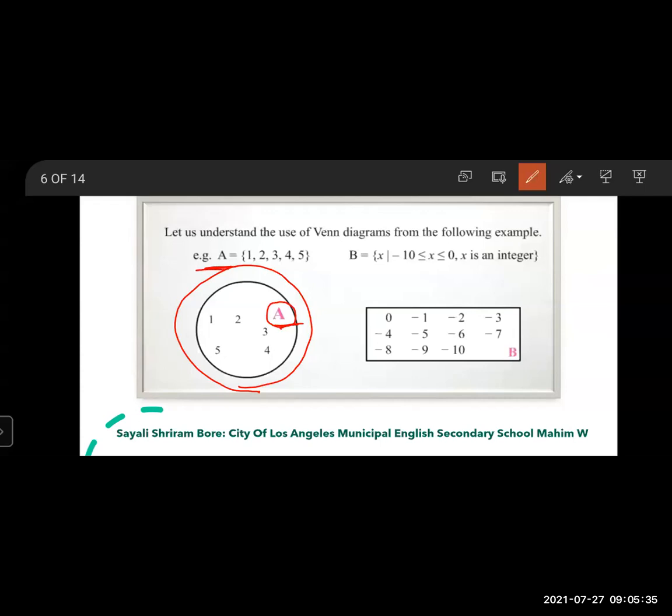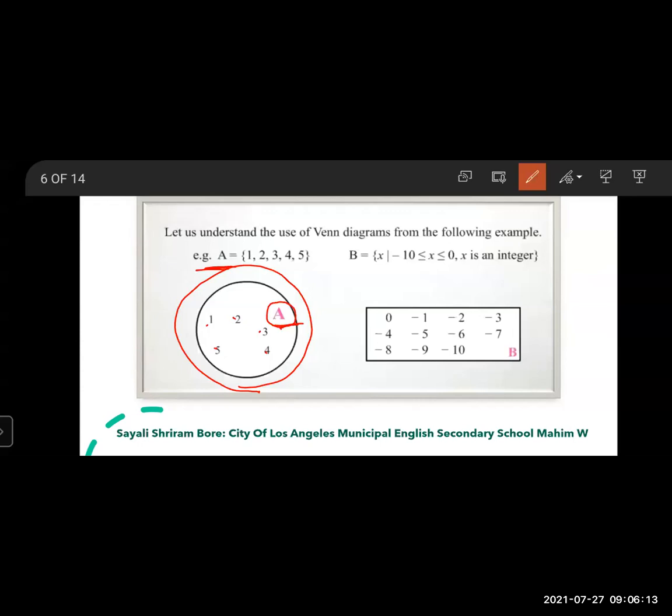Write it at one end or any corner. Here I have taken a circle, so mention the name of the set at any one corner. You can use left, right, below, above, anywhere, but mention the name of the set with capital letters. After mentioning it, write all the elements which are there in the set wherever you want.